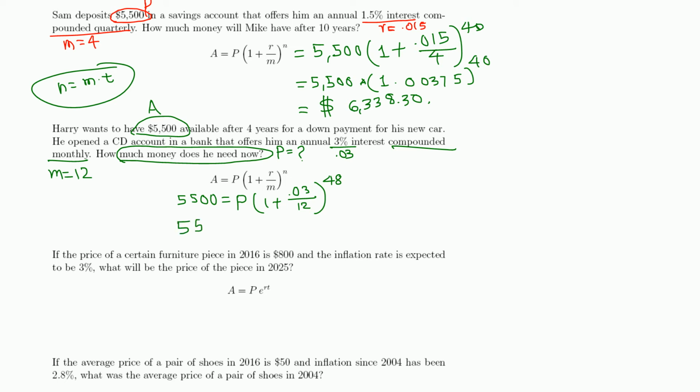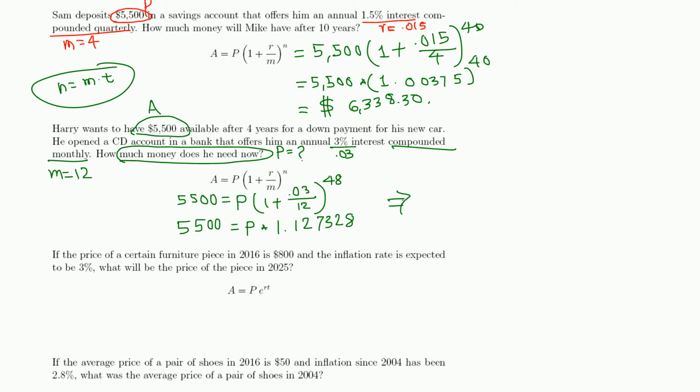So 5,500 equals P, that's to be determined, times 1 plus this: divide 0.03 by 12, add 1, and now raise that to 48. Use this in your calculator. You're going to get 1.127328. Put enough decimals.